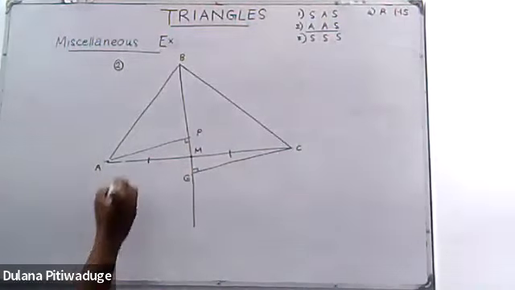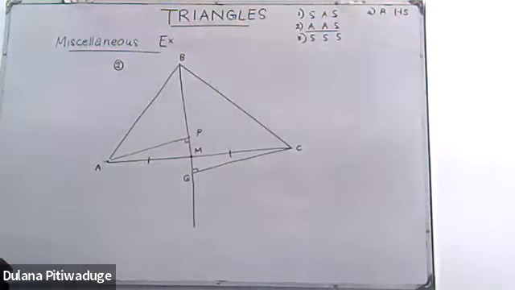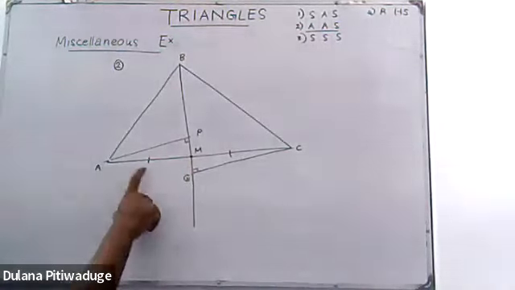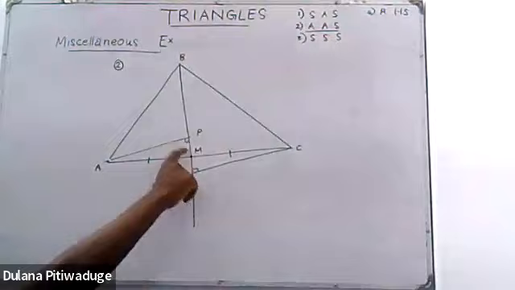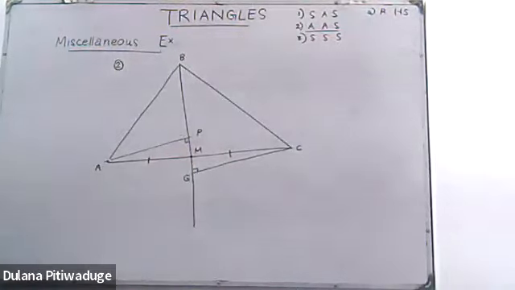Now, by just looking at the figure, you can say that two elements are equal, right? The right angles are present and their hypotenuses are also equal. This side is equal to this side, and these two angles are also equal, right?